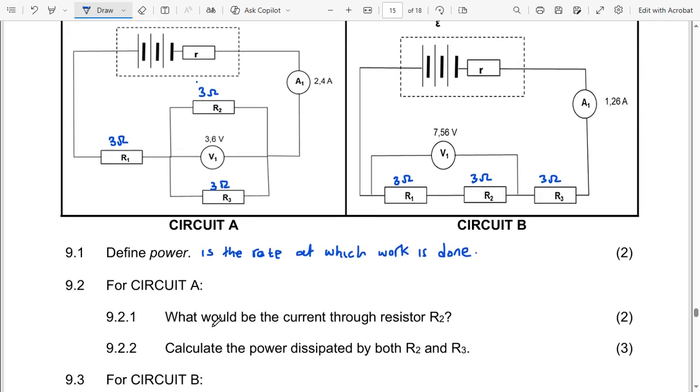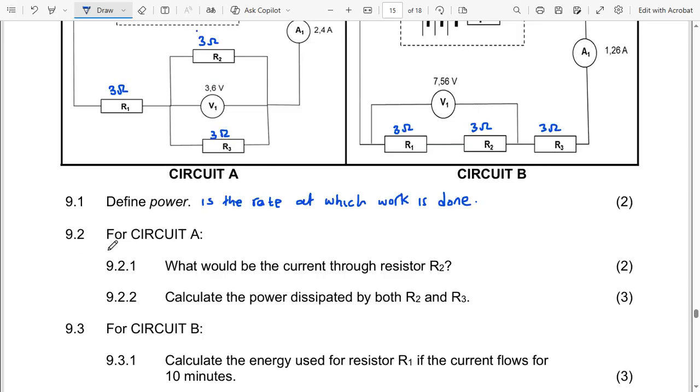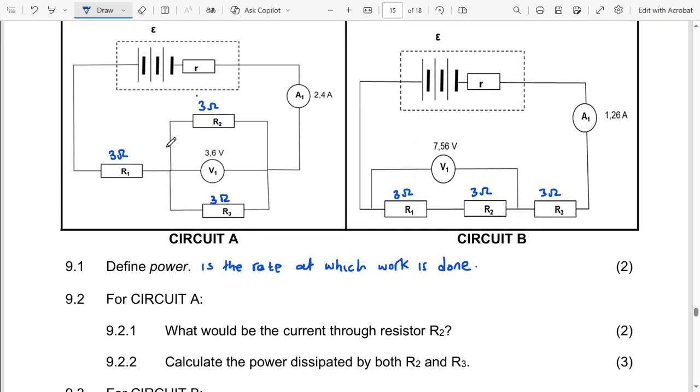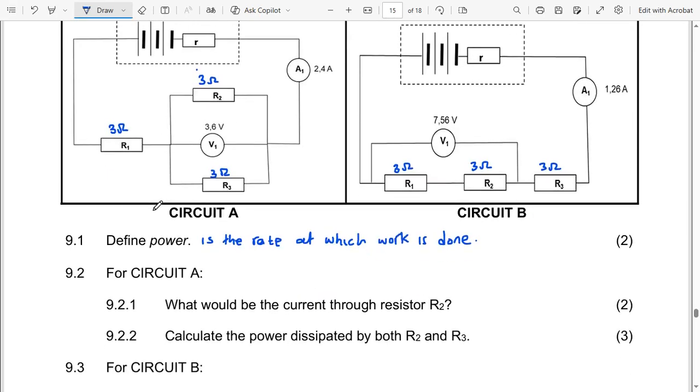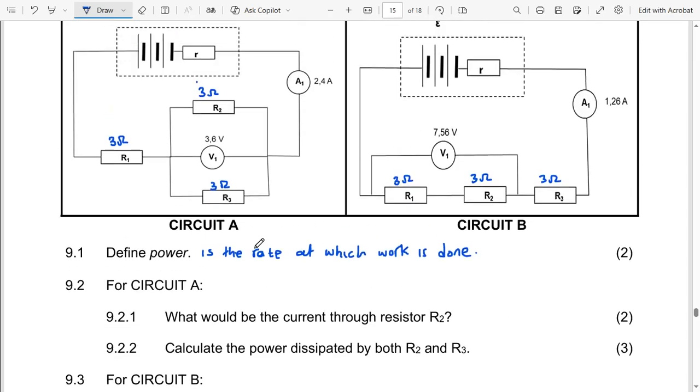Question 9.2 is for circuit A, so we only focus on circuit A. What will be the current through the resistor R2? Look at this: R1 and R2 are connected in series. I just want to explain something.